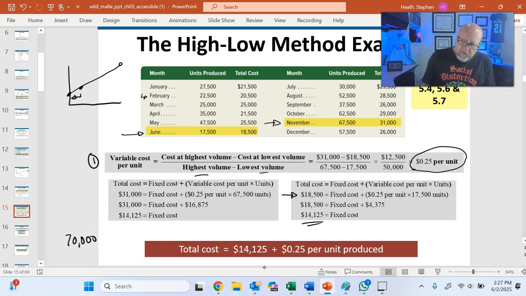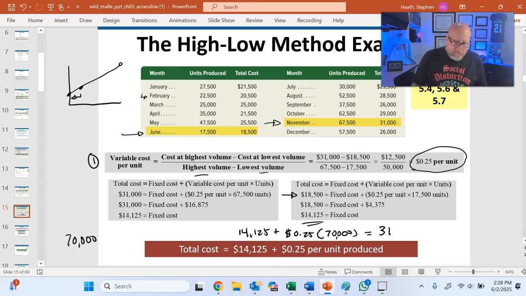Well, it would be 14,125 plus 25 cents per unit times 70,000 units. And if I do that math, I come up with 31,625. And it seems like that's probably kind of close to this, right?